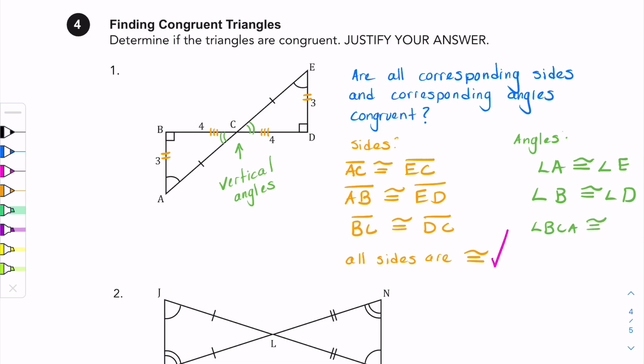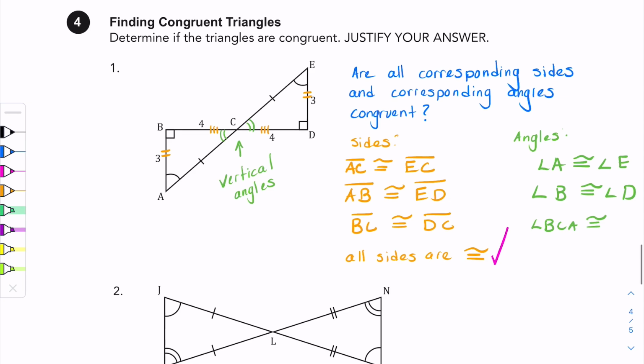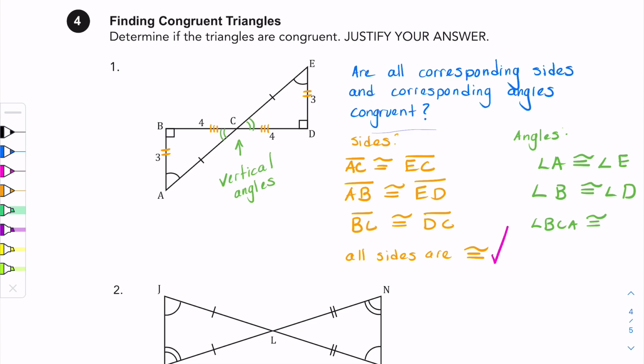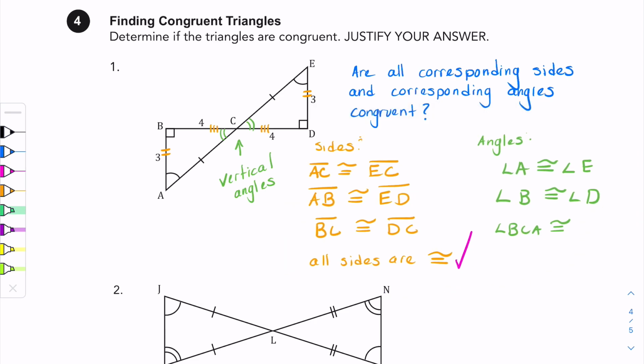Remember that because angle C references multiple angles, you cannot use it to actually name an angle. And then the opposite side over here, if I labeled it as BCA, then I need to label the next one as DCE. But we just proved that all angles are congruent.